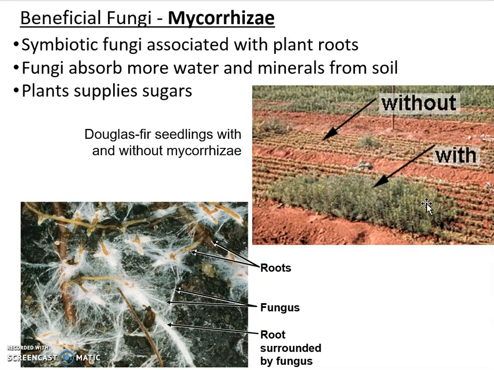And again, when we look at this idea of symbiosis, this relationship, you want both of these organisms to benefit from it. So what is the plant getting out of this besides all those nutrients? Well, it's also going to be producing more and more sugars, and it's going to turn around and feed those sugars down to the fungus that is growing around the roots. So both of the organisms are going to benefit from this. The mycorrhizae is the scientific term for what we see when we're looking at fungus in the soil that is out there growing with the plants.